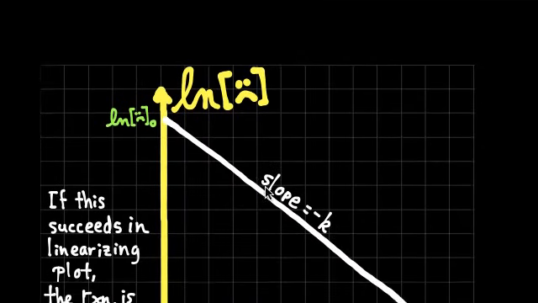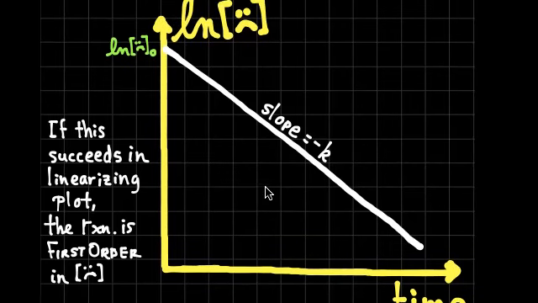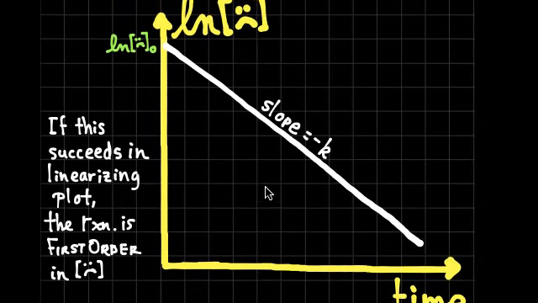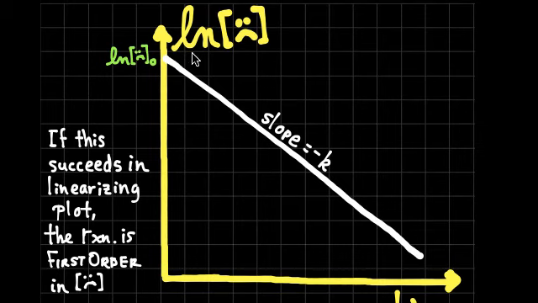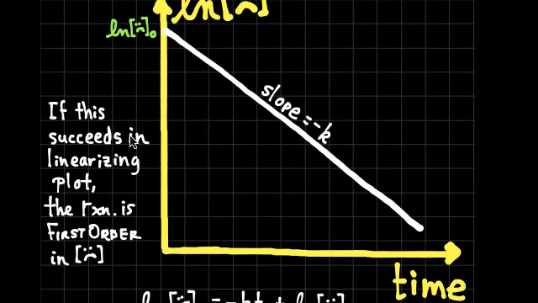Again, on the x-axis we have time. That's almost always the case as time goes along. And on the y-axis, like I said, I put the natural logarithm of the concentration. And lo and behold, it linearizes it. Or not, but if it does, then we say it's first order in that concentration of frowny.